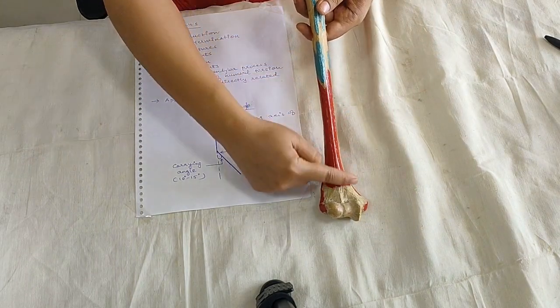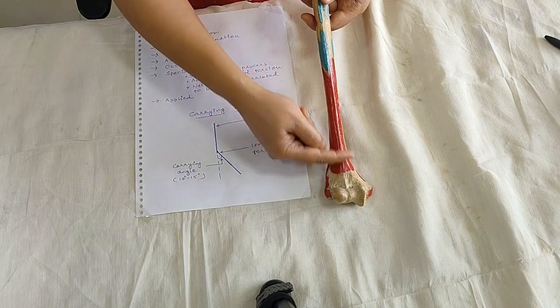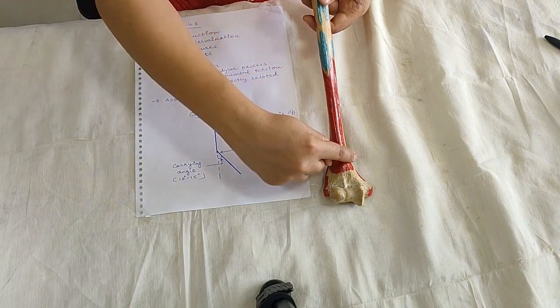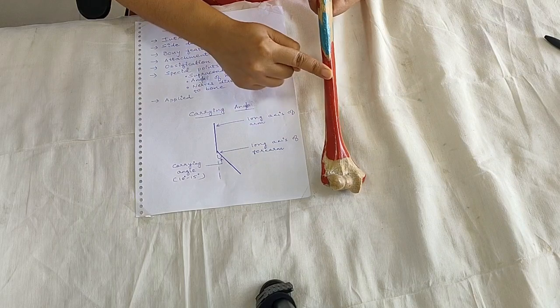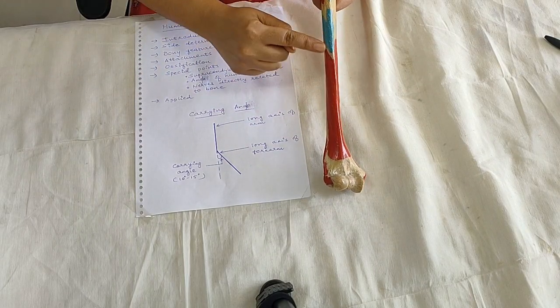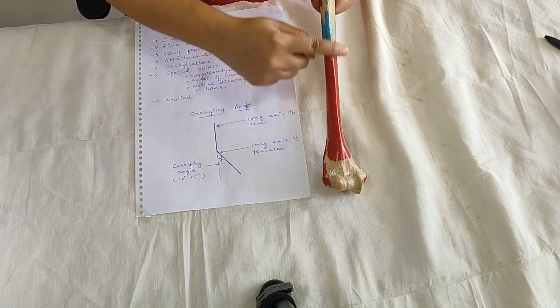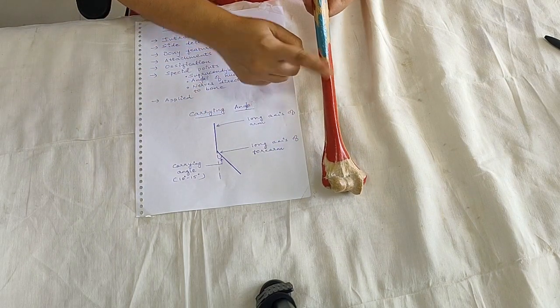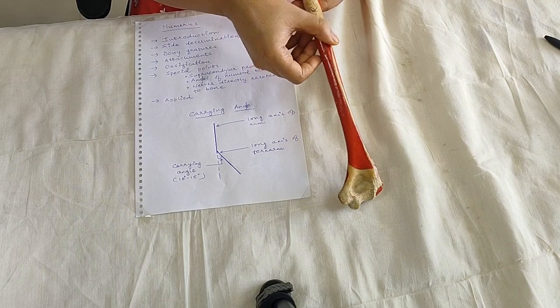On the inferior or lower aspect of this anteromedial and anterolateral surface, there is origin of the brachialis muscle like this.